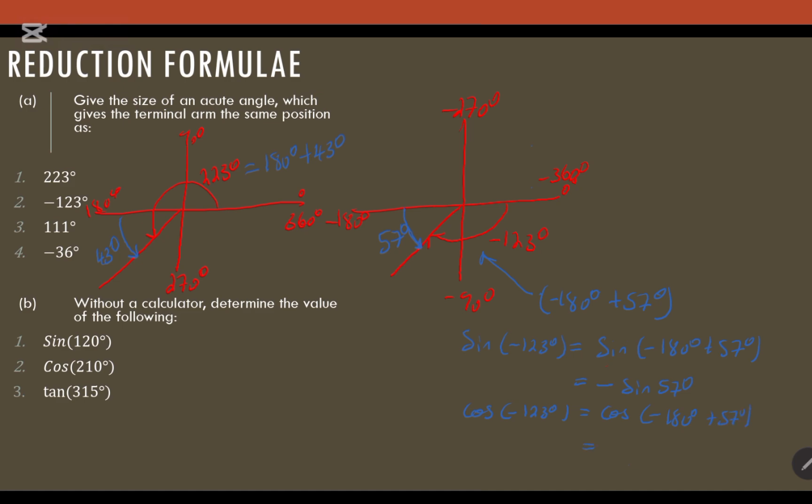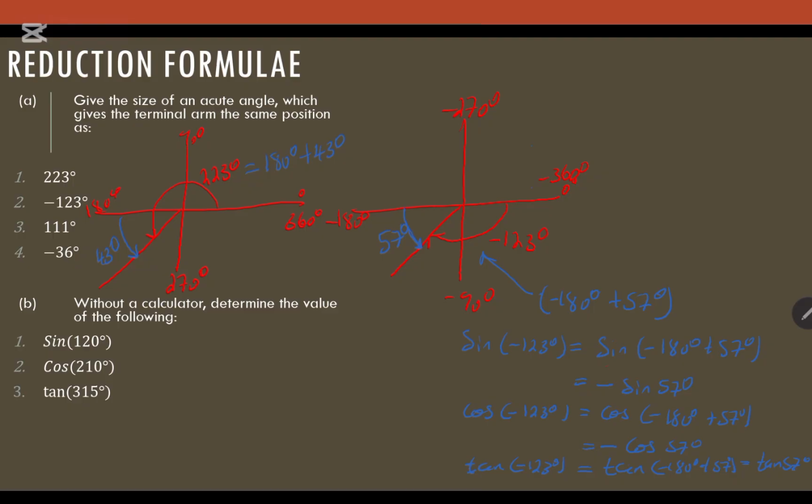Now this gives us negative cos 57 degrees. Lastly, if I have tan of negative 123 degrees, this will be tan of negative 180 degrees plus 57 degrees. Now this is the same as tan of 57 degrees. Why? Because the tangent is positive in this quadrant.